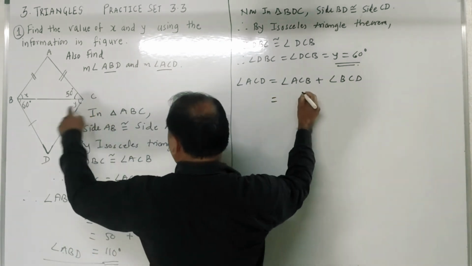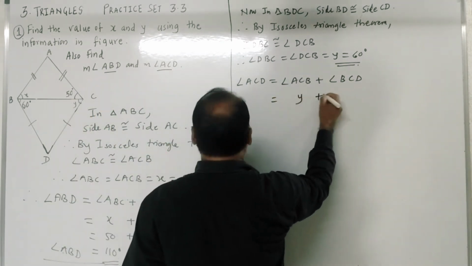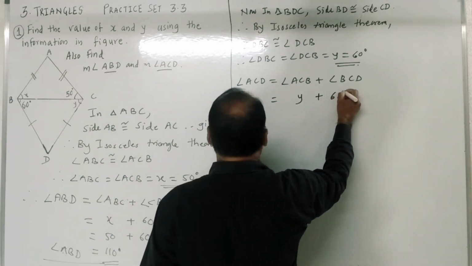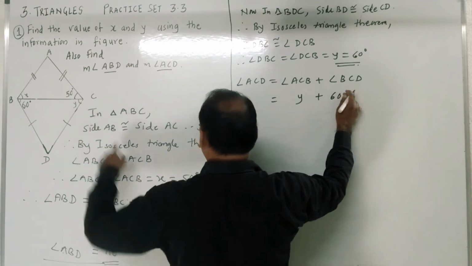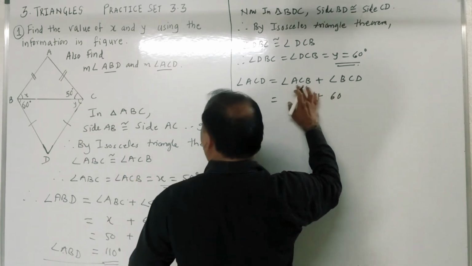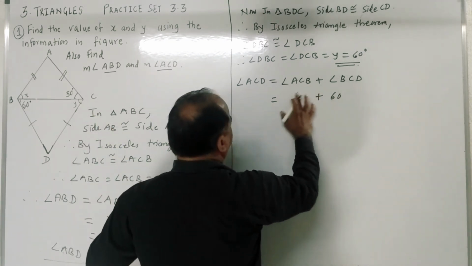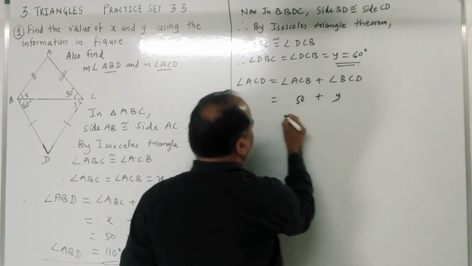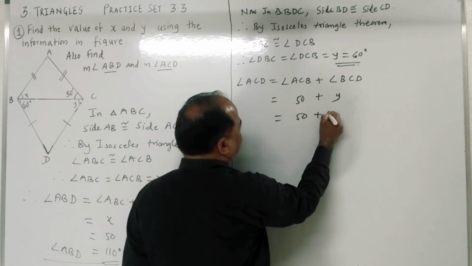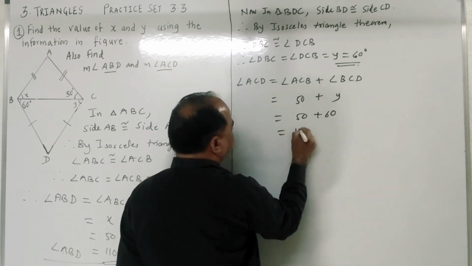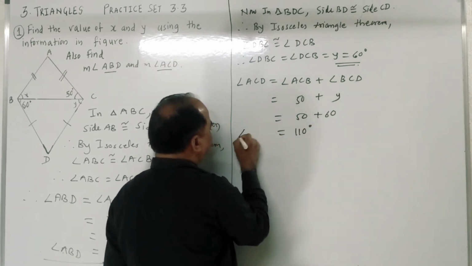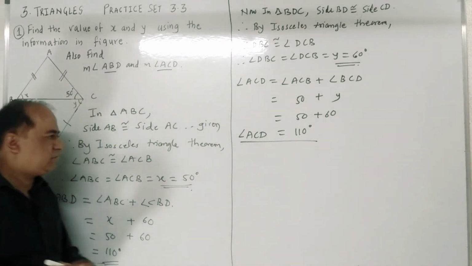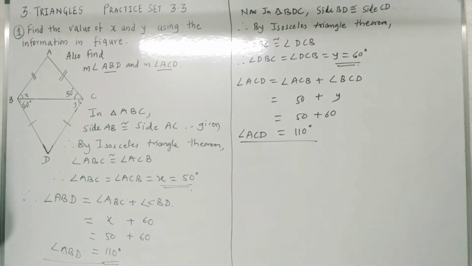Angle ACB is equal to 50 and angle BCD is equal to y, which is 60 degrees. Therefore, 50 plus 60 is equal to 110 degrees. So angle ACD is 110 degrees.